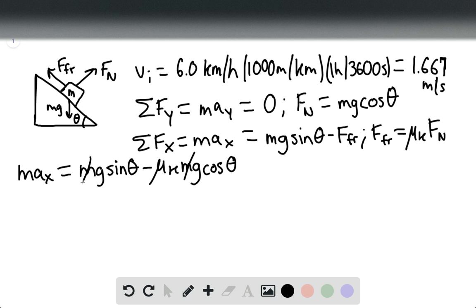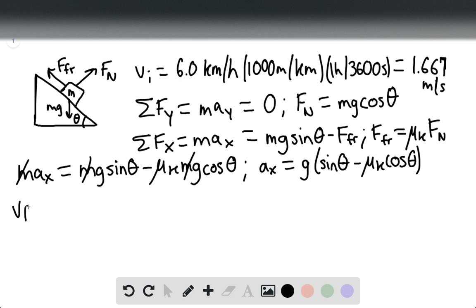The mass cancels out, and we get that the acceleration equals g sine of theta minus mu k cosine of theta. At this point, we should actually try to find the final velocity.